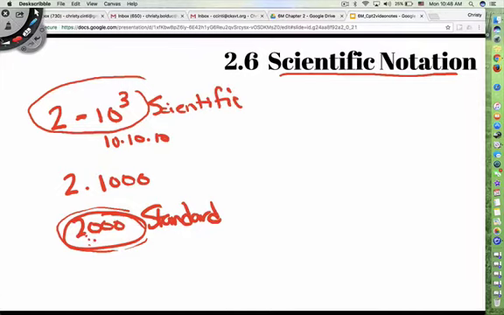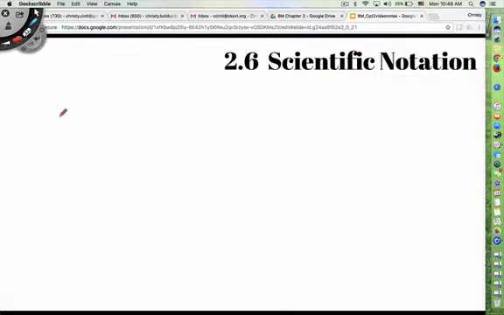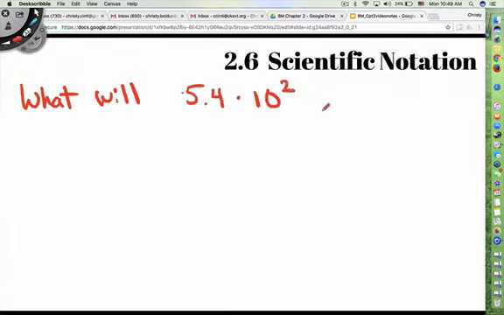Okay, so let's repeat real quick, just in case I totally lost you at one point or another. You will be asked, what will 5.4 times 10 to the second power look like? Okay, what will it be in standard form?